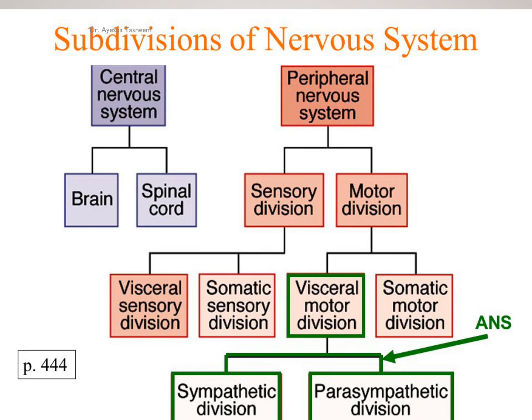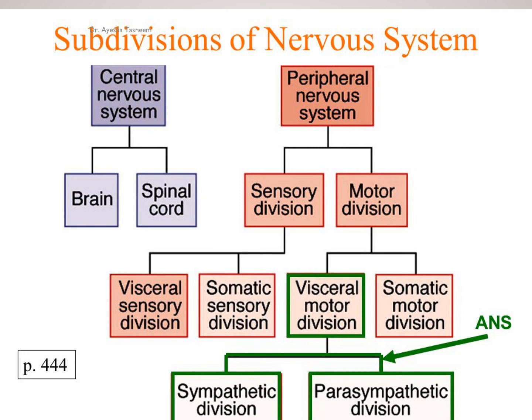This is another schematic diagram of subdivisions of the nervous system. You can see here there is a central nervous system that includes only the brain and spinal cord.